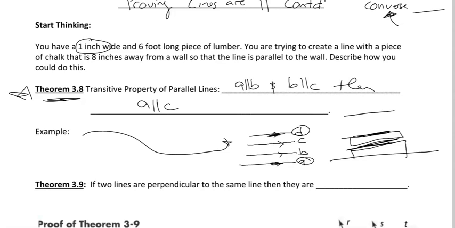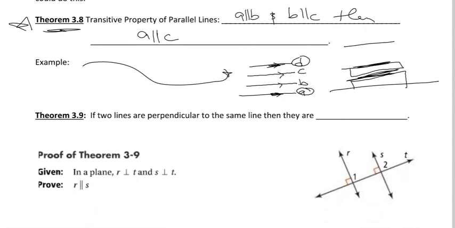Now, another thing that we have here is if two lines are perpendicular to the same line, then what do you know? If I went over and whited this out and I drew a line, and I made something that was perpendicular to it. Now let's say I made another line that's also perpendicular to it. What do you notice about these two lines?